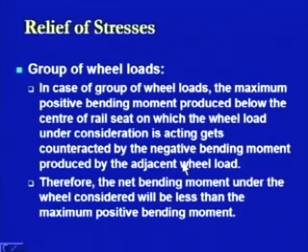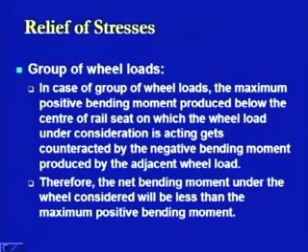So, here again we are talking about two types of conditions: a positive bending moment produced below the rail seat, which after the point of contraflexure changes into a negative bending moment. But if there is another wheel coming adjacent to this wheel, then it will also create the same effect.